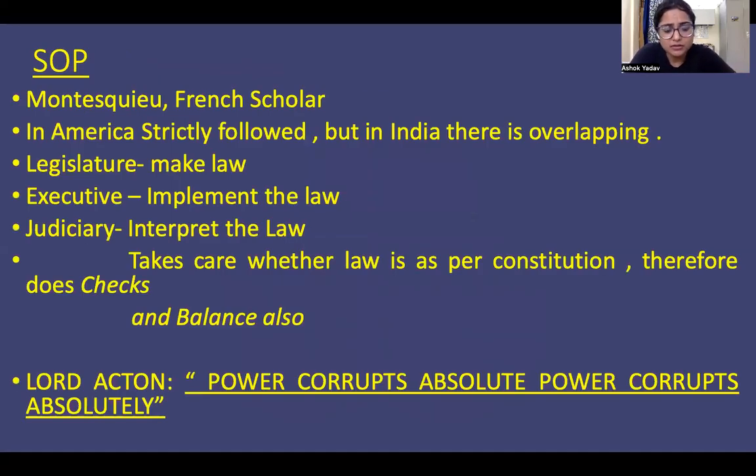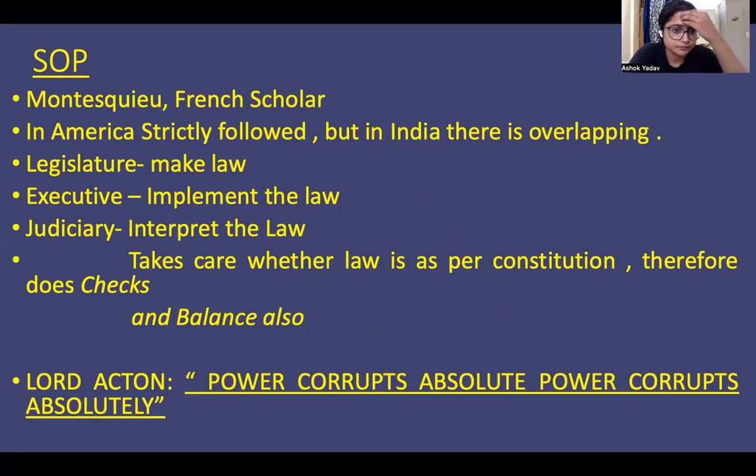In America, this principle of separation of power is strictly followed. That is, they are very strict about this thing. Nobody can interfere in each other's functioning and doing of the work. But in India, you will find that there is some overlapping between all the three organs, right?